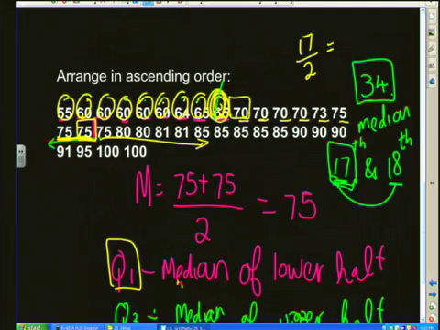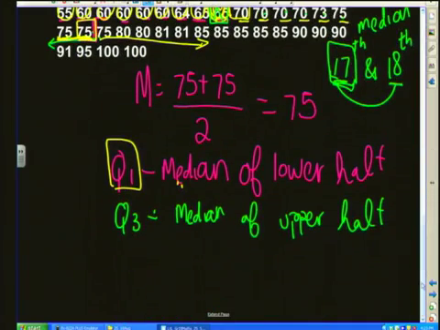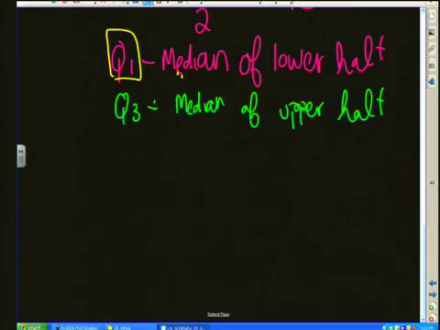And then there's my median of the lower half, right? So therefore there should be 8 values to the right: 1, 2, 3, 4, 5, 6, 7, 8. So this median point, 65, divides your lower half into 2 equal pieces. So therefore Q1 is going to be equal to 65.